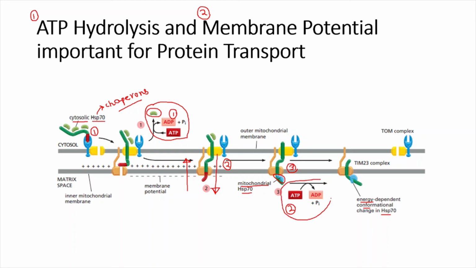Because these two steps are removal of chaperones and attachment of chaperones respectively. And this is another step where protons are transported from the matrix space into the intermembrane space. This membrane potential is required to drive the protein import from the intermembrane space within the inner membrane of mitochondria. So if all these factors are there along with the presence of signal sequences, then only proper mitochondrial protein will be imported within mitochondria.